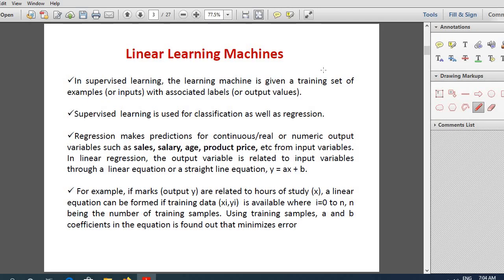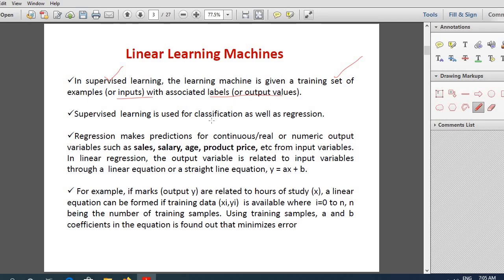Now let us see, in support vector machines itself, what are linear learning machines. Usually in supervised learning, we provide a training set of examples, that is inputs, with associated labels, that is output. That is, in supervised learning, you will be giving an input-output pair.